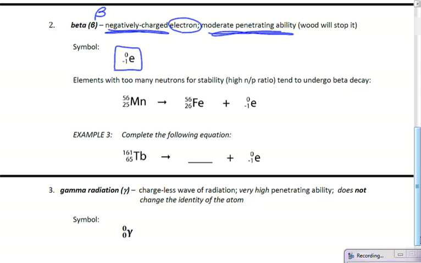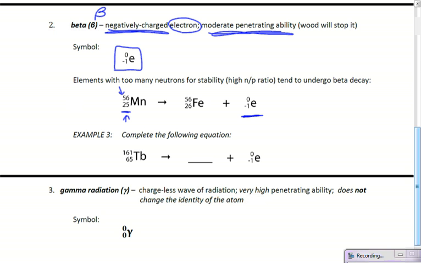So our example, we're starting with an isotope of manganese, Mn. It's got 25 protons, and the protons and neutrons together total 56. So if it's going to go through beta decay, then it's going to be taking 1 away from some number in order to get this 25 over here.